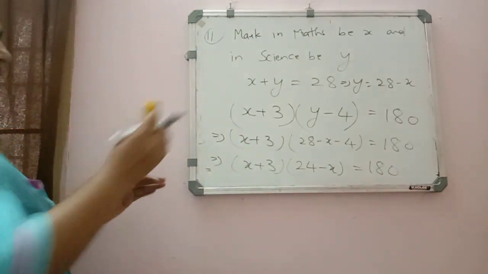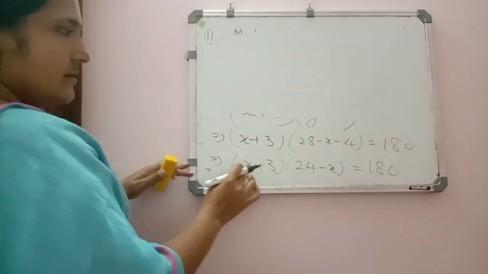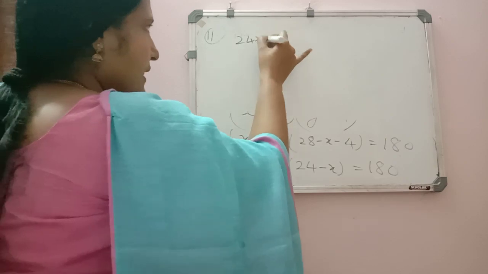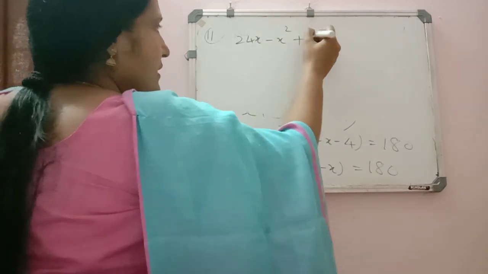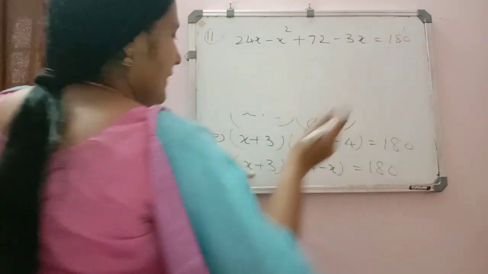Now we can do the multiplication. 24x, x into minus x square, plus 3 into 24, 72 minus 3x is equal to 180.